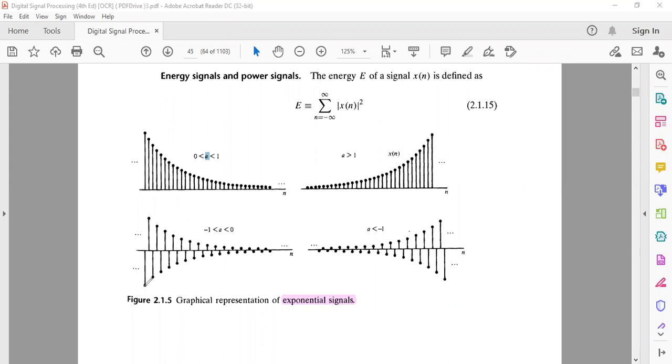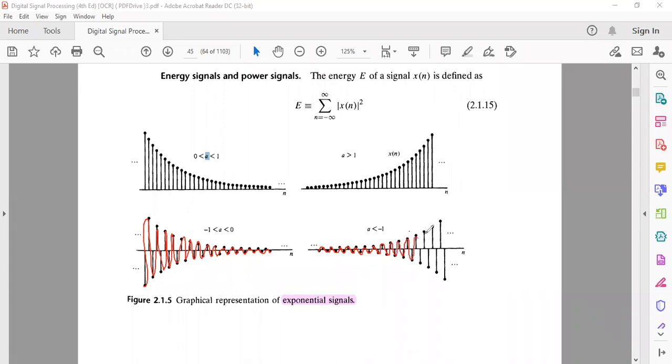If this was sinusoidal, you would be seeing a sinusoid running between these two, an alternating sinusoid, something like this. Likewise, it's the same for this. This would be a growing sinusoid.